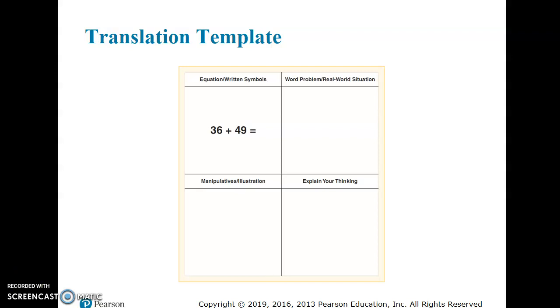Students' ability to communicate how they solve a problem is critical for open response questions on many summative assessments. Translation tasks can be used for whole class lessons or for individual or small group diagnostics.